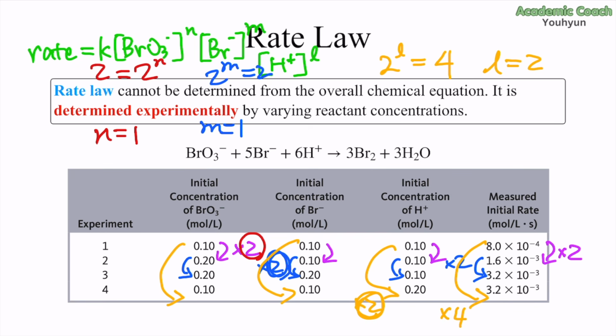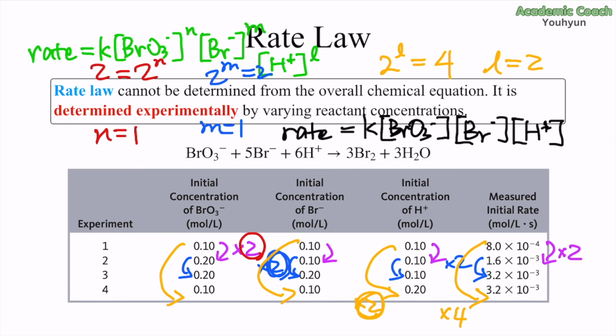So eventually, I can write this rate law as rate is equal to K times concentration of bromate to the power of 1 times concentration of bromide to the power of 1 times concentration of the protons to the power of 2.